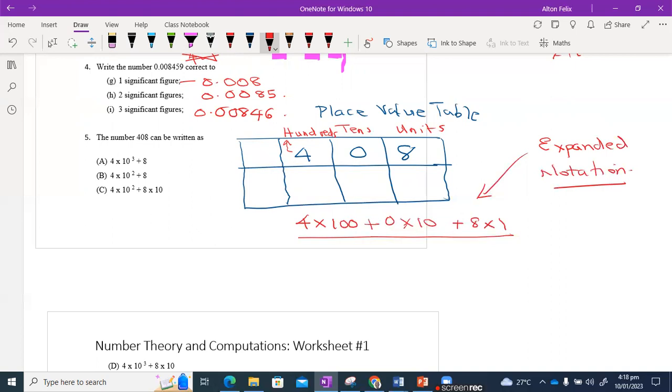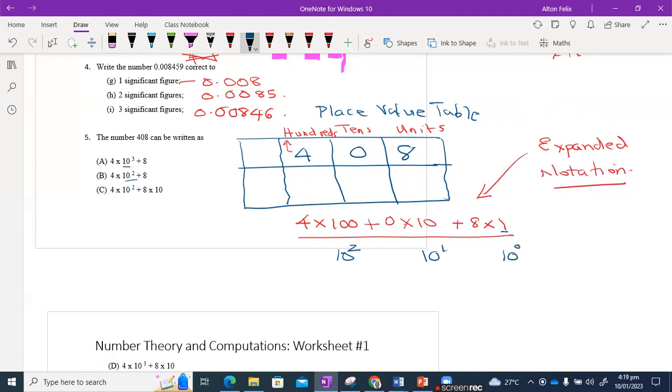So let's see what's happening now. The question has 10 cube, 10 square, and so on. So it is now asking us to remember that 100 is really 10 square, 10 is understood to be 10 by 1, and 1 is 10 to the 0.